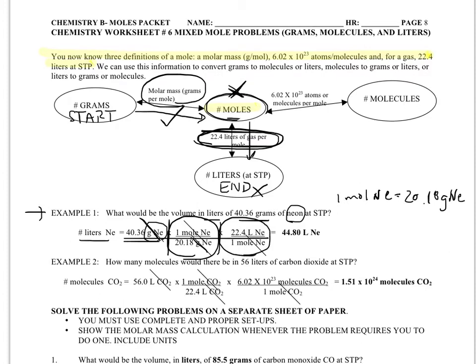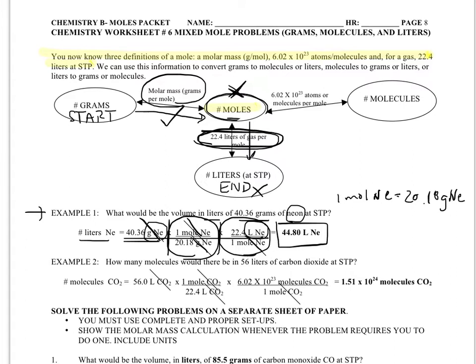Right, and that's what I did here, and I put moles on the bottom so I can cancel it out, which means I end in units of liters. So I multiply my 40.36 by 22.4 and divide by 20.18, which gives me my final answer of 44.8 liters of neon. All right?